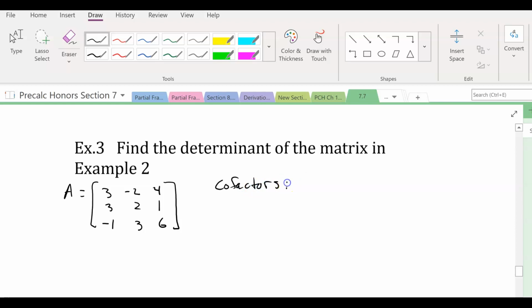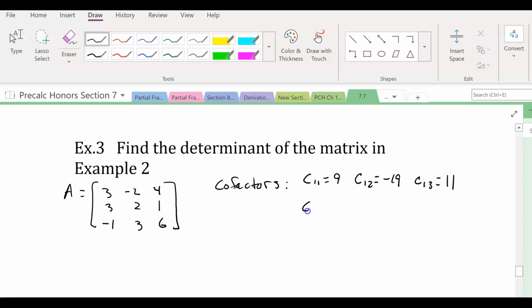The cofactor for row 1, column 1 was 9. The cofactor for row 1, column 2 was negative 19. The cofactor for row 1, column 3 was 11.